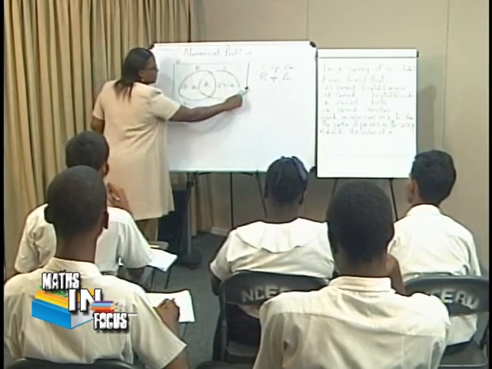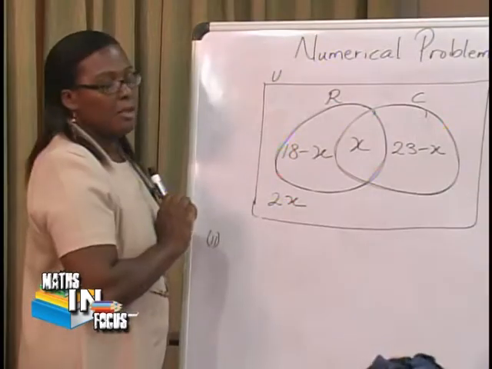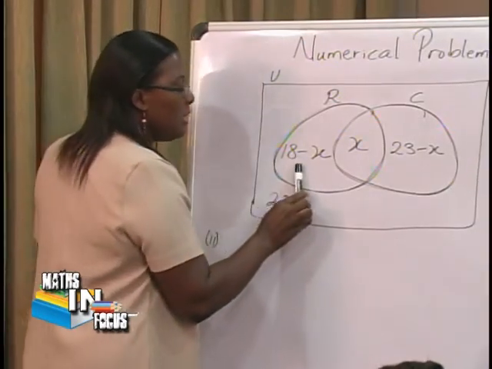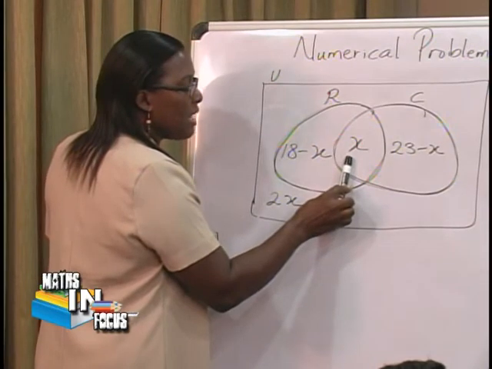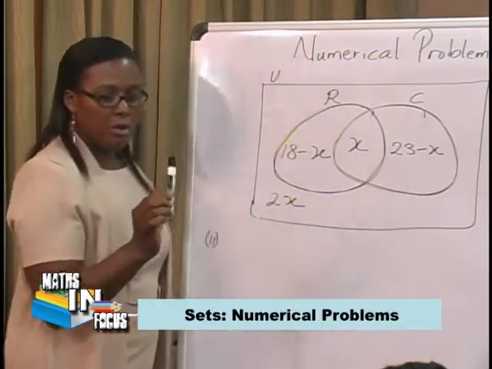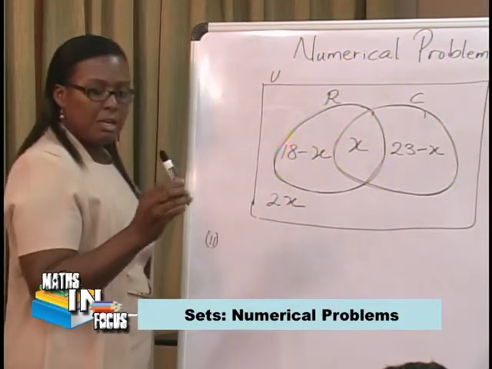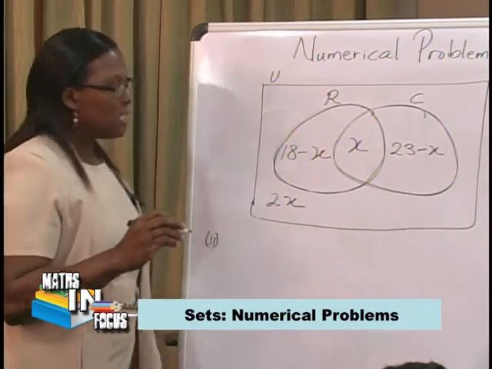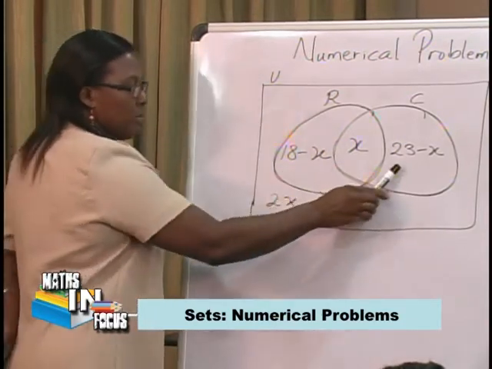Everyone in here was a part of the survey. Those who are recorders only, both recorders and cameras, cameras only, and those who have no recorder or camera. So we write our expression, means that we're going to take all our regions and put them together.